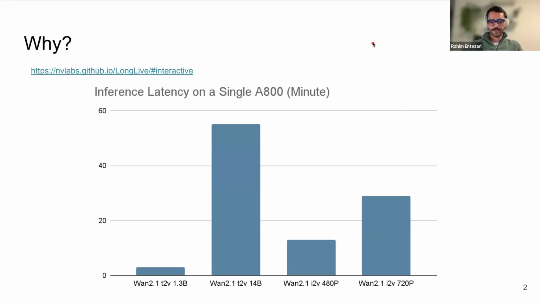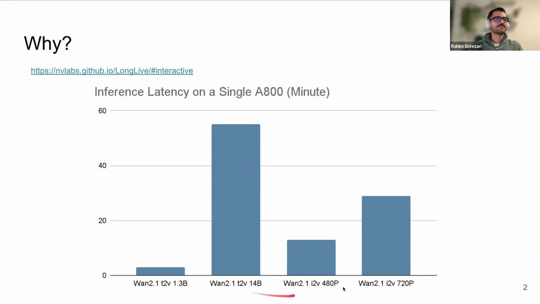Okay, so why is fast video generation needed? Because as you can see in this plot, conventional video generation is very, very slow. Here you can see different Wan models. Wan is one of the best open source models out there for text to video and image to video generation.